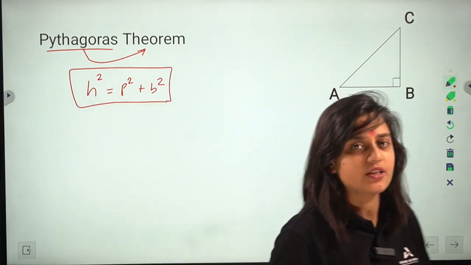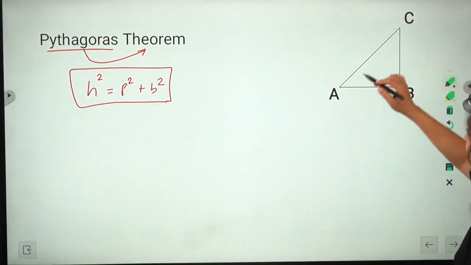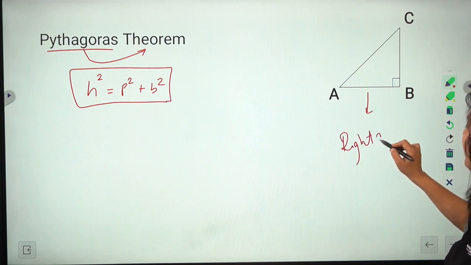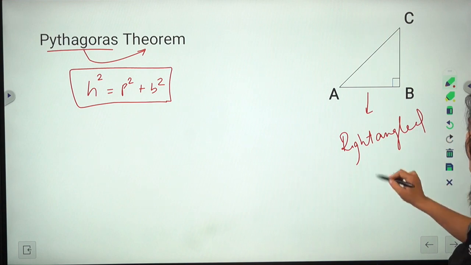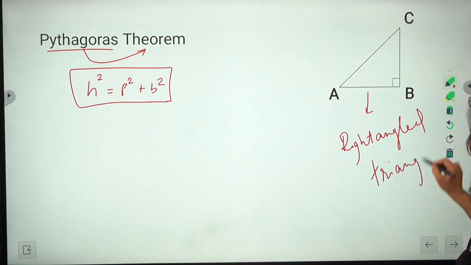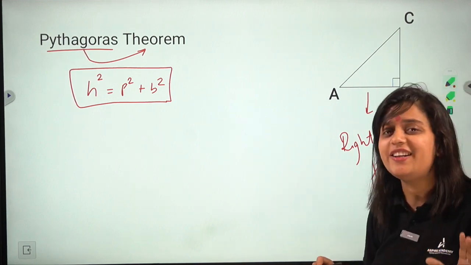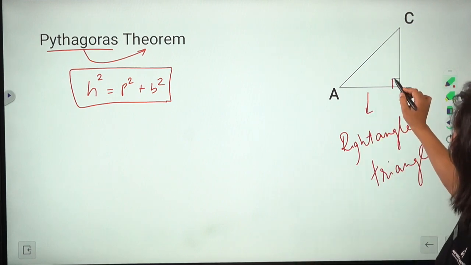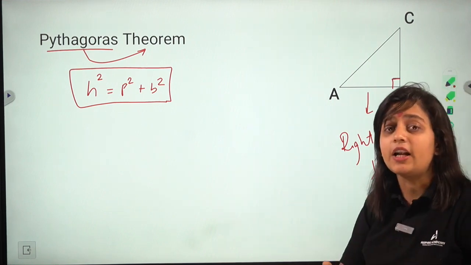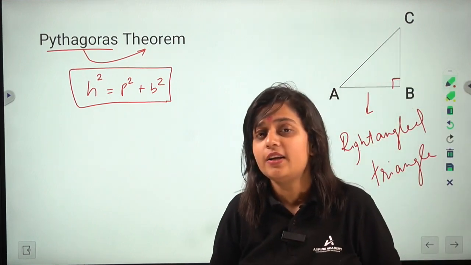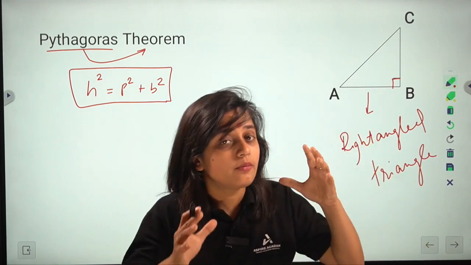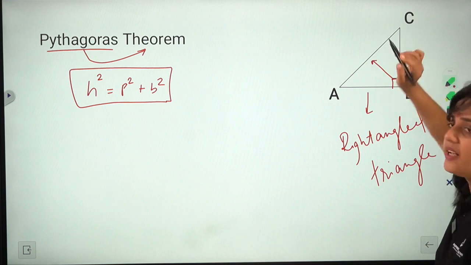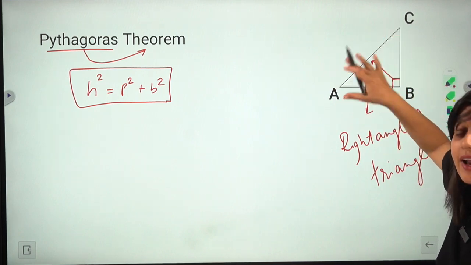See, what is hypotenuse? This is a right angle triangle. Clear? Now see, in a right angle triangle there is an angle which is equal to 90 degrees. This is the 90 degree angle. Now see, in any triangle, the bigger the angle, its opposite side will also be the biggest side of the entire triangle.